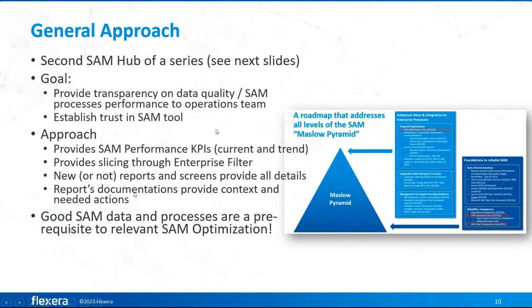And once you have good SAM data and processes, that's talking about the bottom of this pyramid, you can get additional value, which is the top of the pyramid, which we have addressed actually with the SAM optimization hub, with chargeback features, with all these topics that we deliver, which would have no value if you don't trust the foundation.